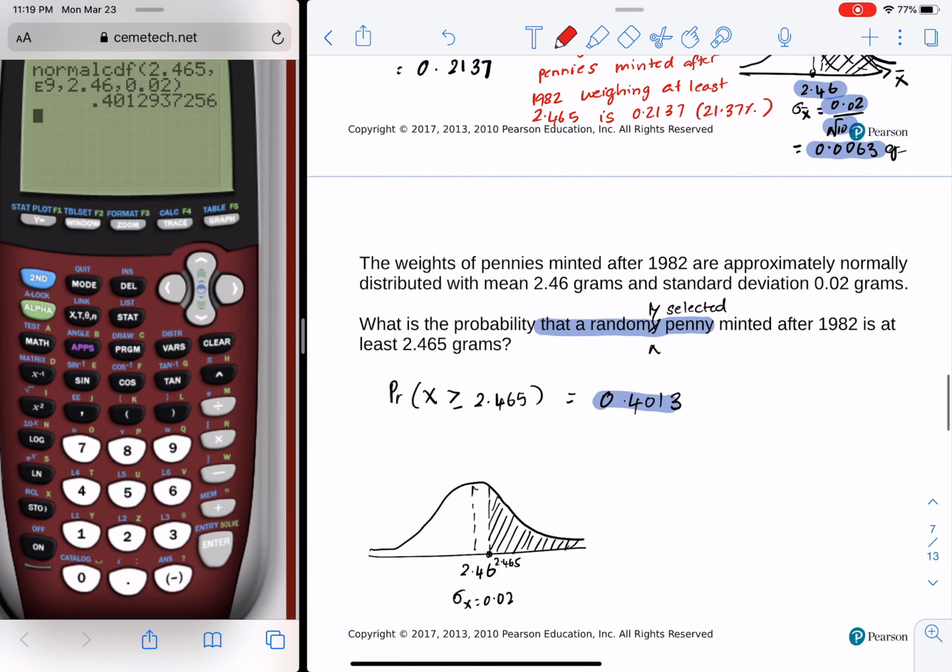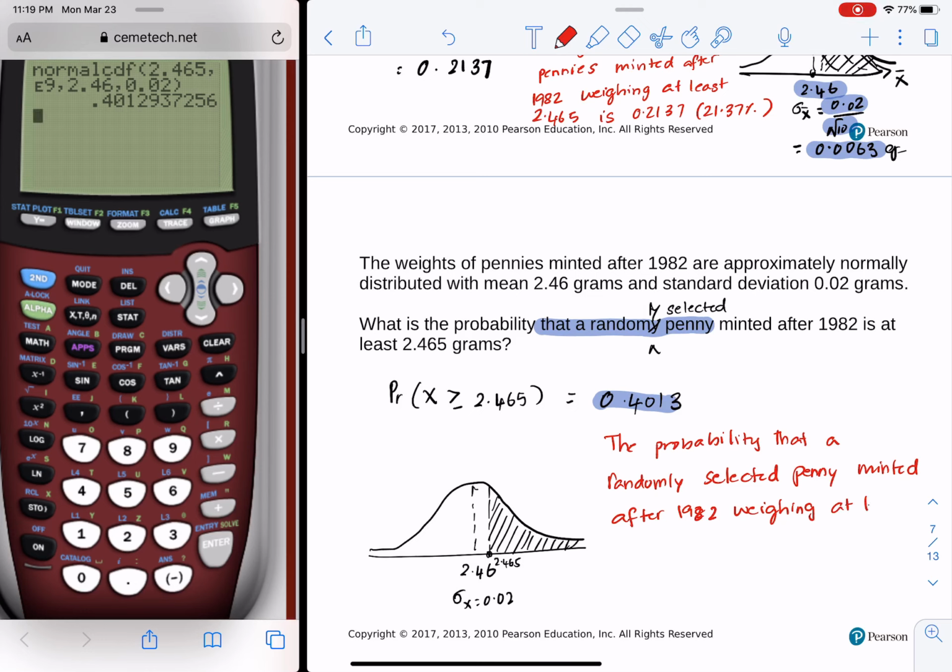However, if we have to interpret the probability here, the probability that a randomly selected penny minted after 1982 weighing at least 2.465 grams is 0.4013 or 40.13%.